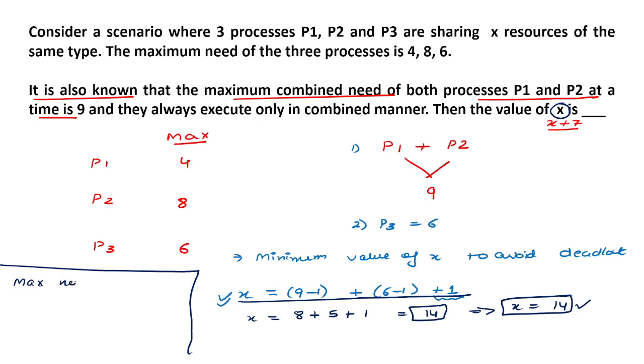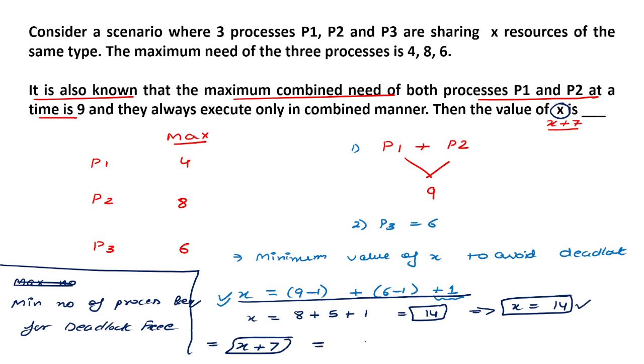Sorry, we have to find the minimum number of processes required for a deadlock free system, which equals X plus 7, that is always 21. X is 14, so 14 plus 7 equals 21. This question is very important. If you are preparing for any competitive exam, this question will definitely come.